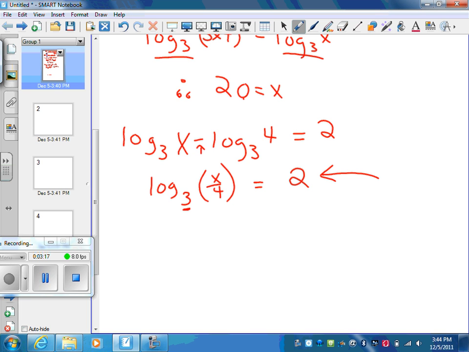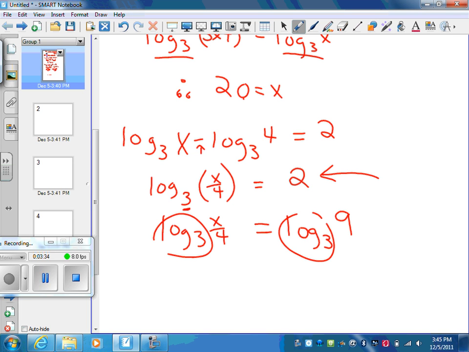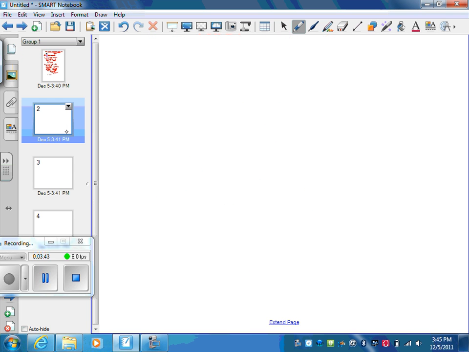Well, 3 to the power of 2 is 9, so I know that this is the same as log base 3 of 9 equals log base 3 of x over 4. And since these have the same bases, I can therefore say that x over 4 is equal to 9 and x equals 36. And we already checked that, so we know that to be true.